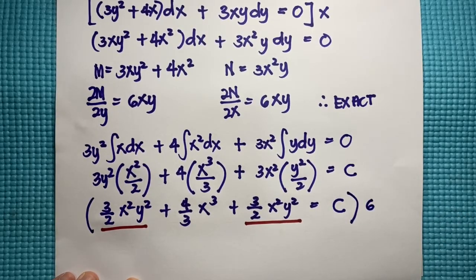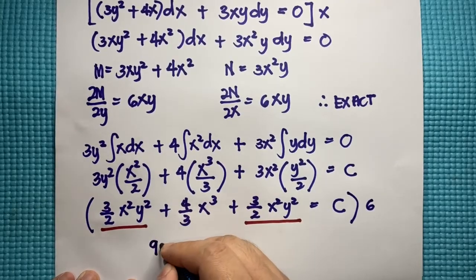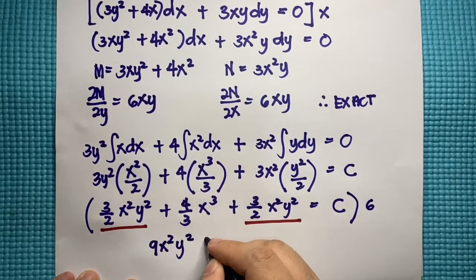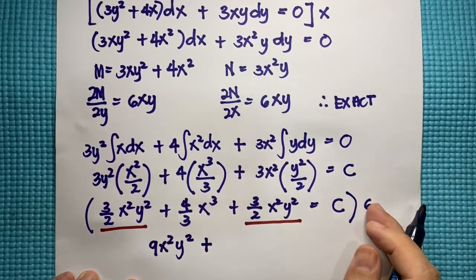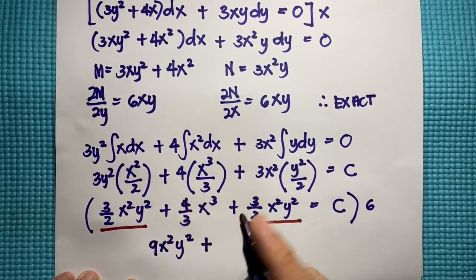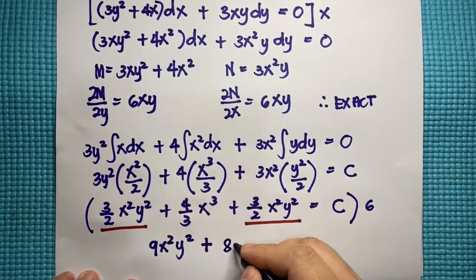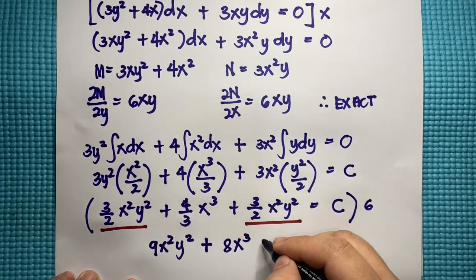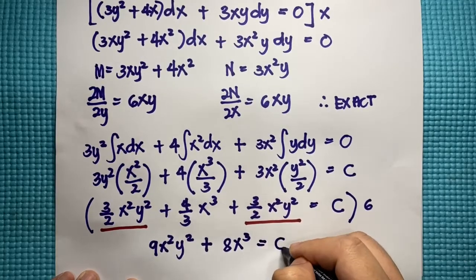So 6 divided by 2 would be 3 times 3, I'll have a 9 x squared y squared, and then plus 6 divided by 3 is 2 times 4, I'll have 8 x cubed, and that would be equal to C.